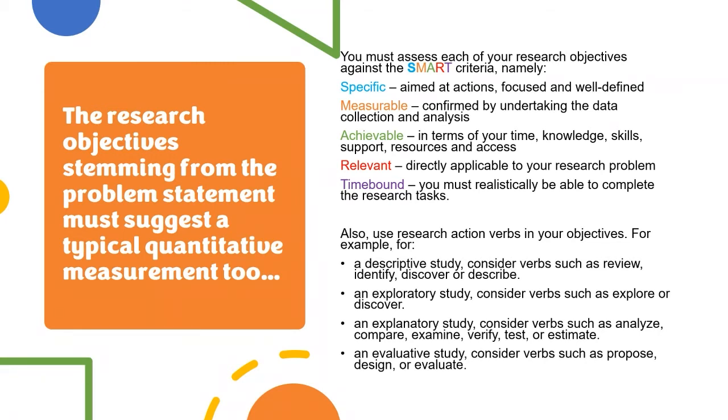There was a study very recently where a student did a lot of work, but he said, the goal of my research is to measure the impact of foreign aid money on the economic development in country X. Now, can you see, if you listen to that very carefully, all of those were typically quantitative measurements.